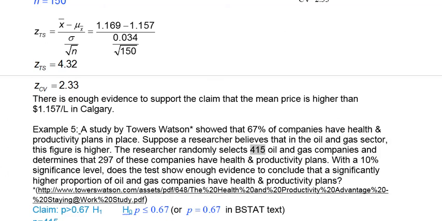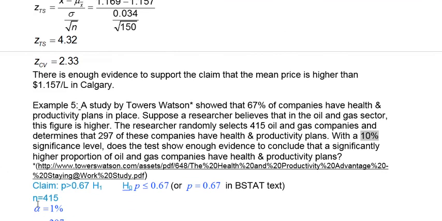Our other pieces of information: our significance level, 10% this time. I see I have a typo on this one, so I'll have to fix that because I typed in 1%. So let's make that a 10. There we go.